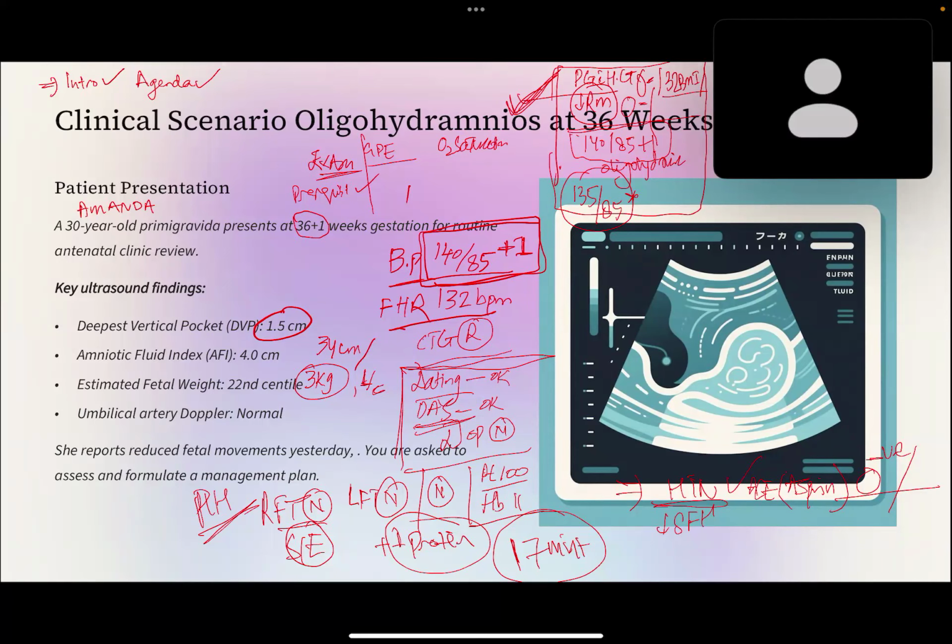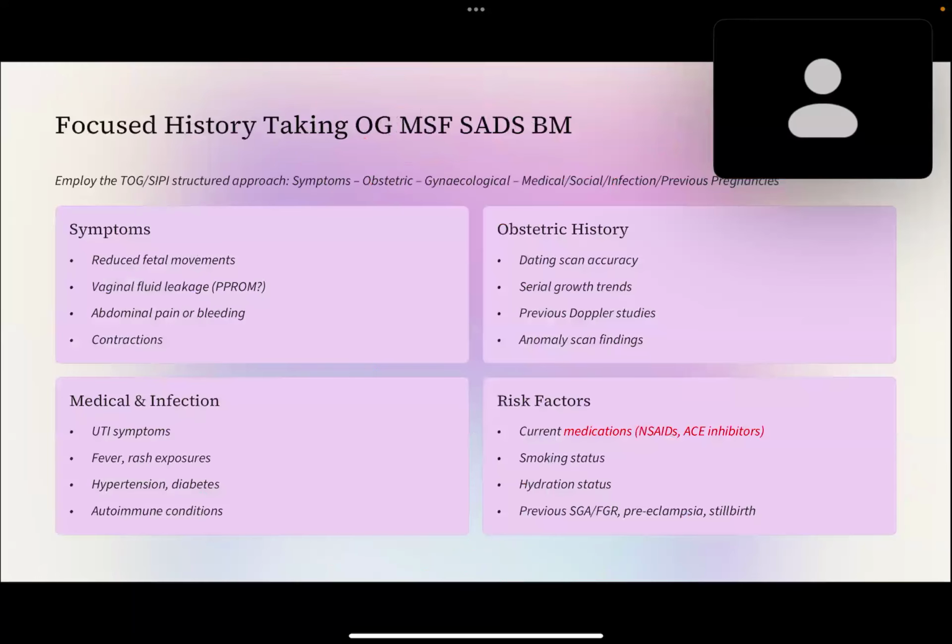So I would counsel her for admission, then for the surveillance. I would tell her the process of induction of labor, what to expect and what could be the complications, both maternal and fetal, which could be failed induction of labor, prolonged labor, and fetal complications as well.